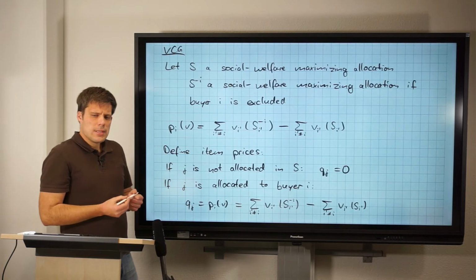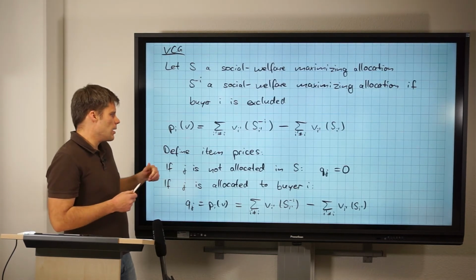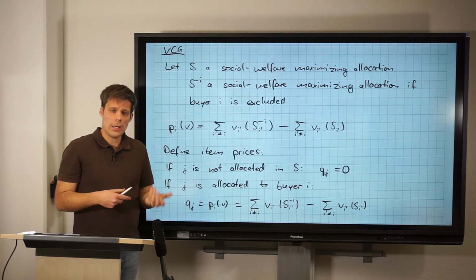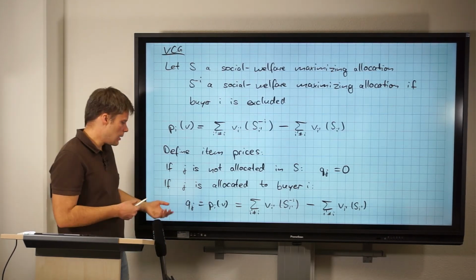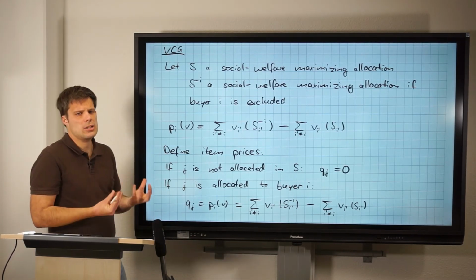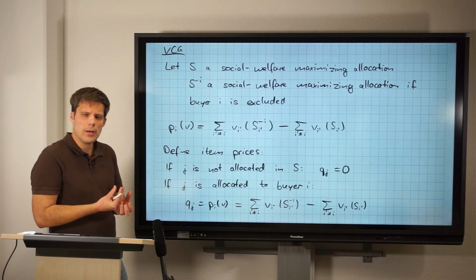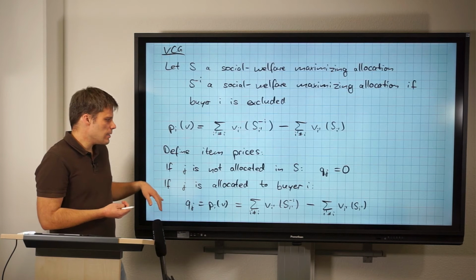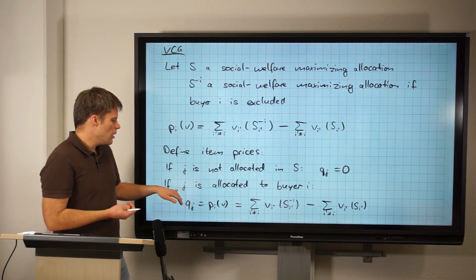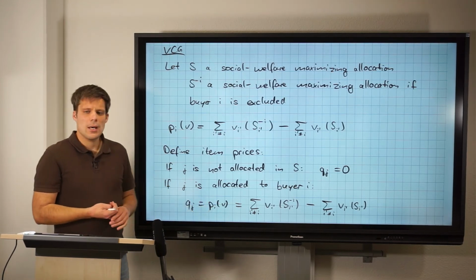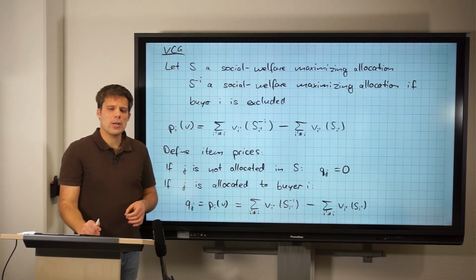What tends to make this a bit confusing is that here we are assigning payments to the buyers, and now we want to assign payments to the items. As I was saying, actually every buyer gets at most one item, but we'll even do this in the most straightforward way. So even if a buyer gets multiple items, then we assign as the price whatever this buyer is paying in the VCG outcome.